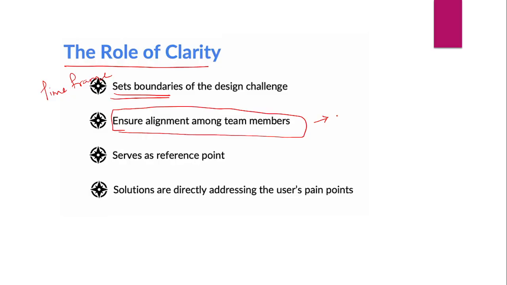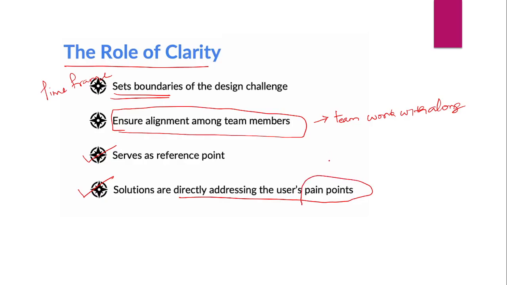So in the design thinking process, your team members have to work along with you, and he or she has to work accordingly to give the solution. And next, serve as a reference point, so that the solutions directly address the user pain points.